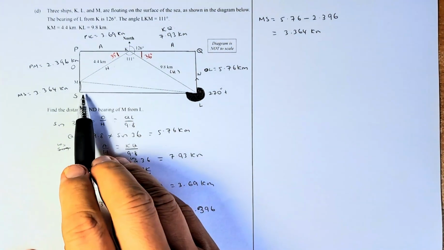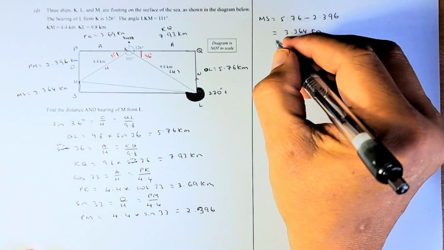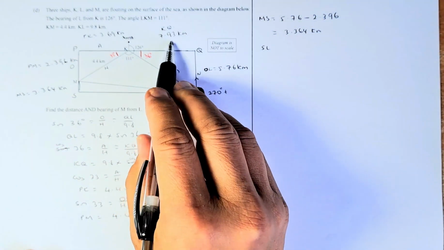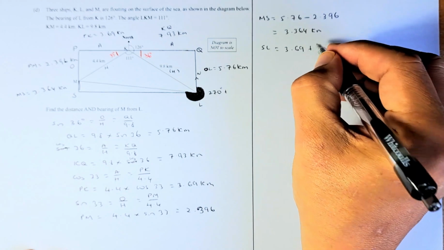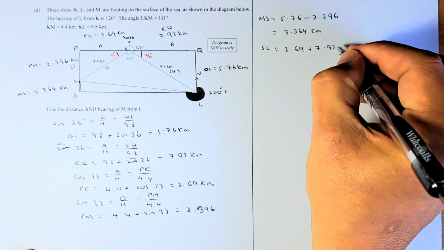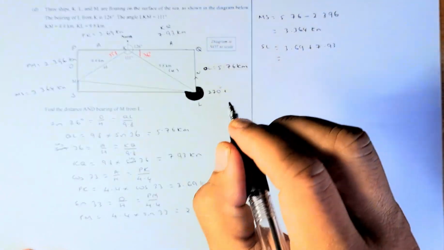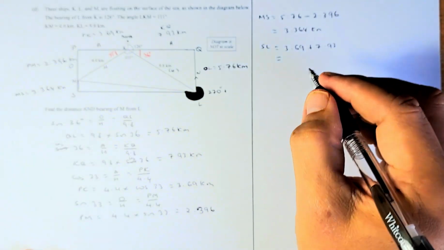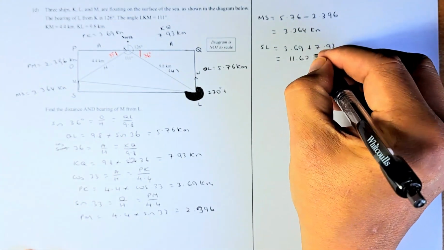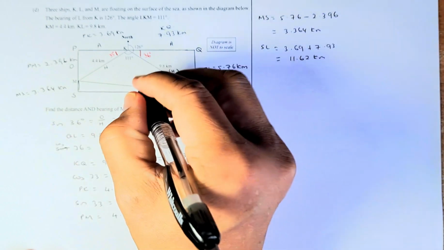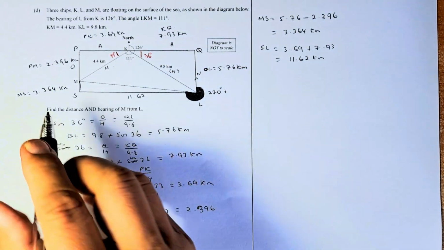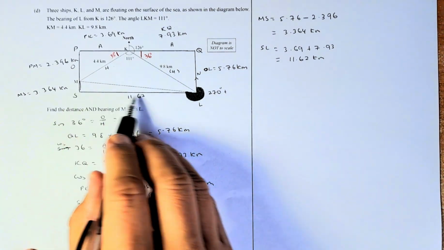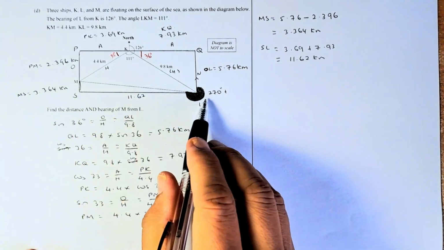Now we can calculate SL, which is adding these two numbers, 3.69 plus 7.93, and the answer is 11.62 km. Now we know MS and SL. Using this right angle triangle, we can calculate ML, which is what we want to find.